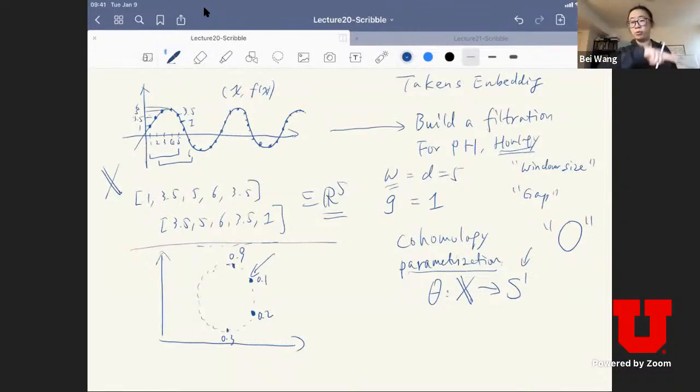This is what's called a parameterization, meaning that for every single point, I'm assigning a value between 0 and 1, where 0 is identified with 1 to create a loop. Okay, so the idea is this parameterization tells me how the points are in fact distributed along this loopy structure. Okay, any questions so far?